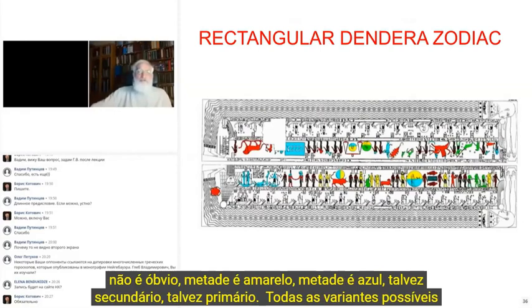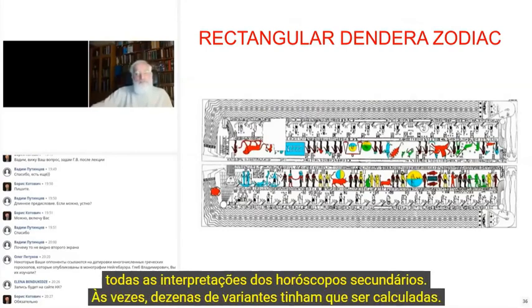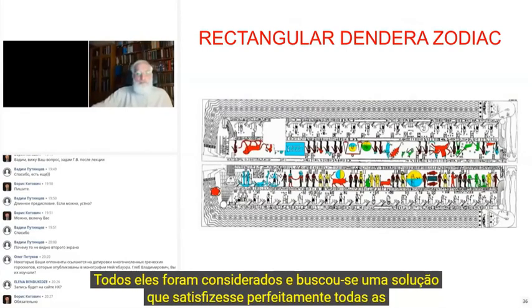All possible variants were considered, whether secondary or primary. All interpretations of the primary horoscope, all interpretations of the secondary horoscopes. Sometimes dozens of variants had to be calculated. They all were considered, and a solution was sought that would perfectly satisfy all conditions.